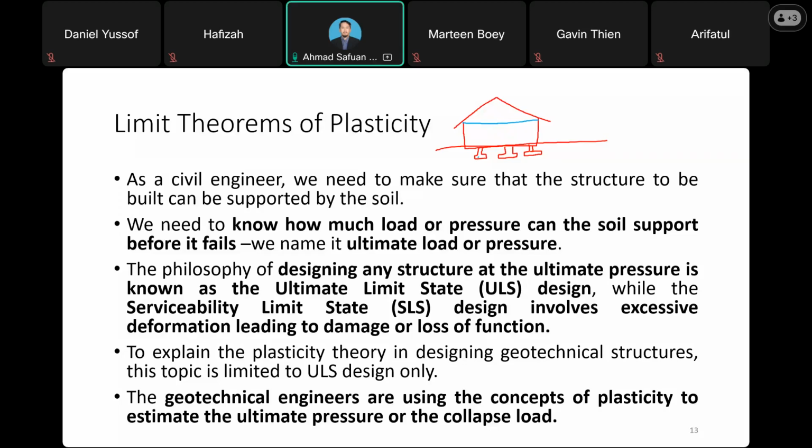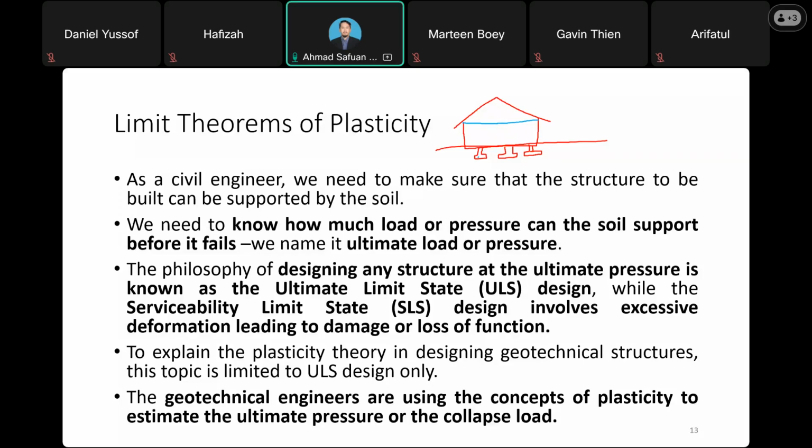So the serviceability limit state is more related to the soil deformation or soil settlement. However, the plasticity theory is limited to the ULS design only.